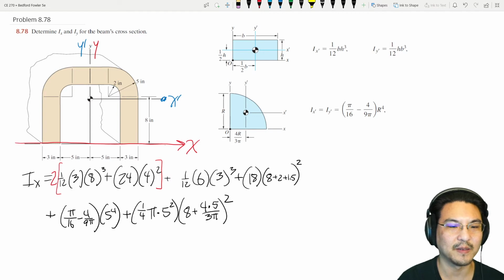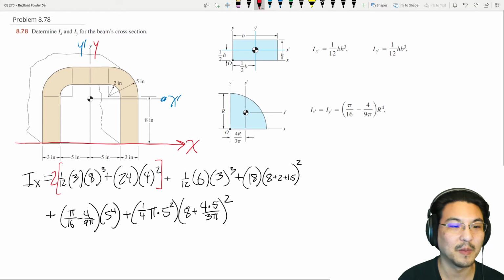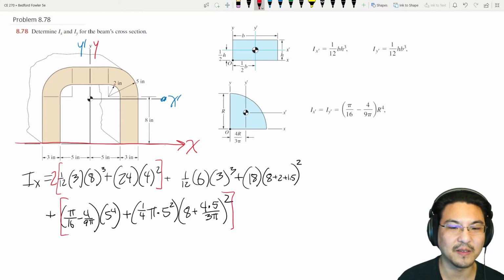And that is for this quarter circle, of which there are 2.